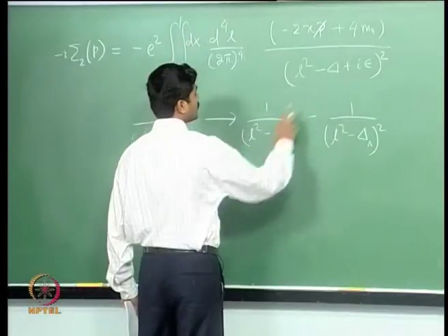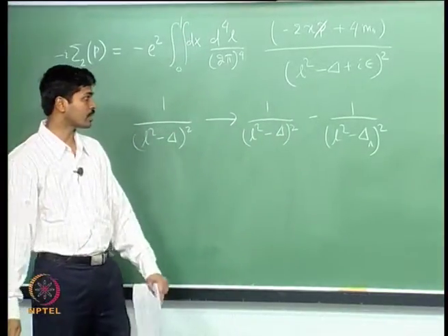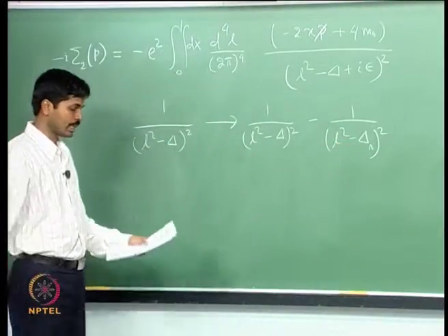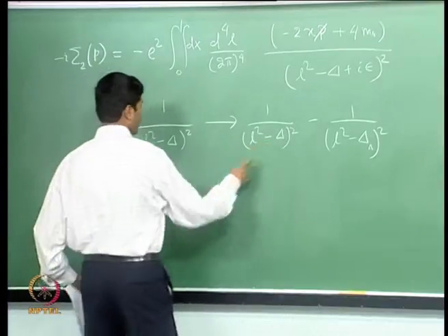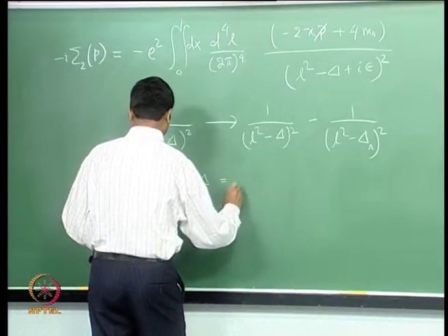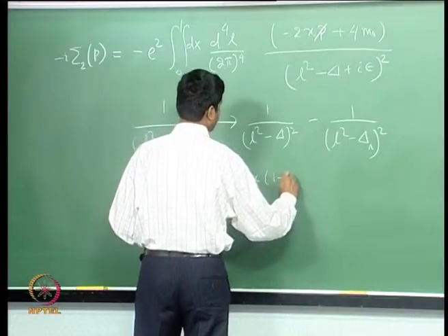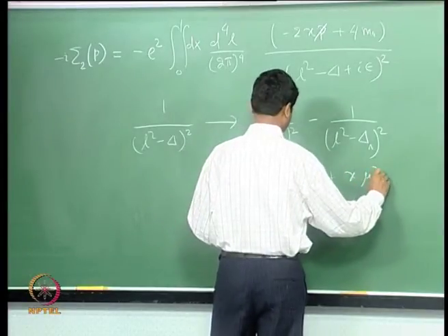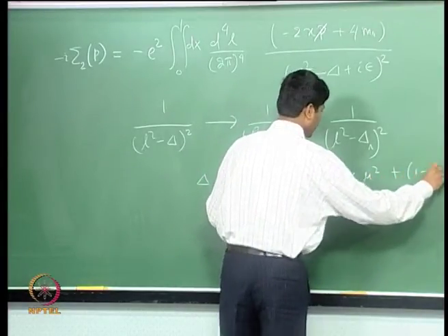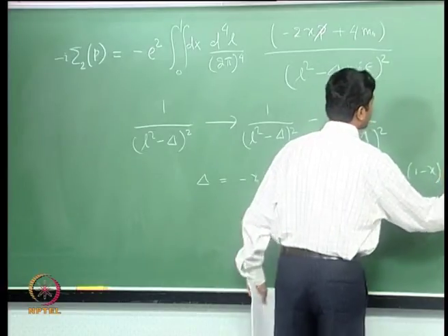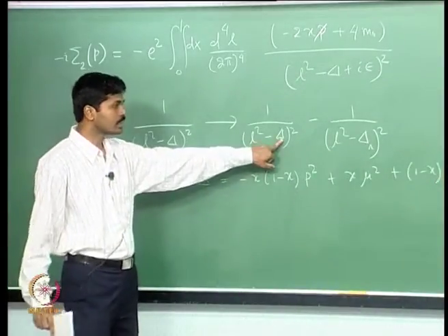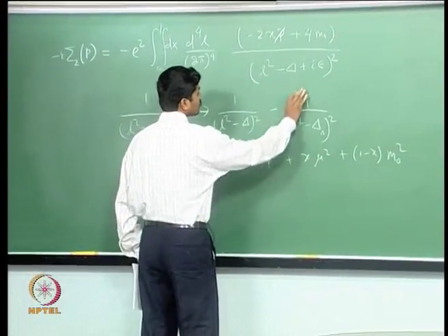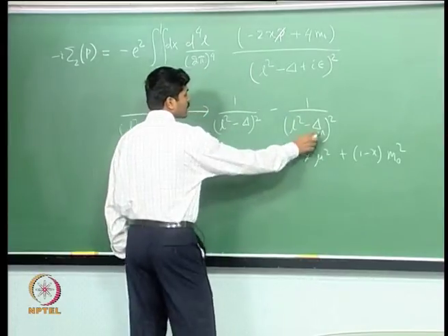Instead of this, the effect of the UV cutoff will be to introduce another term here, 1 over L square minus delta lambda. We already know the expression for delta here. Delta is given by minus x into (1 minus x) p square plus x mu square plus (1 minus x) m 0 square. This is what is our delta. Therefore, delta lambda, the effect of the UV cutoff, is just to introduce another term where this mu is replaced by lambda.